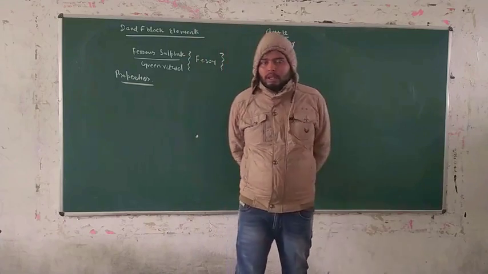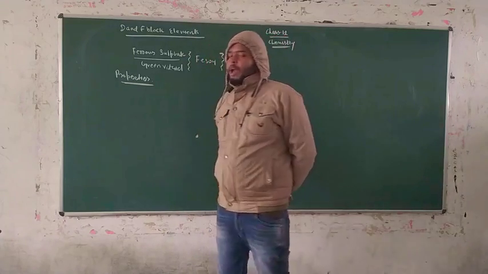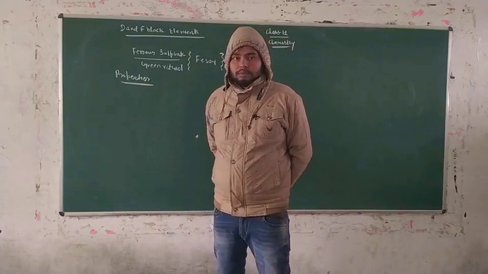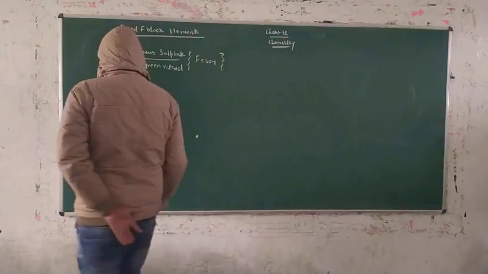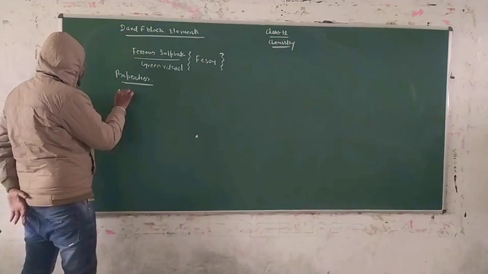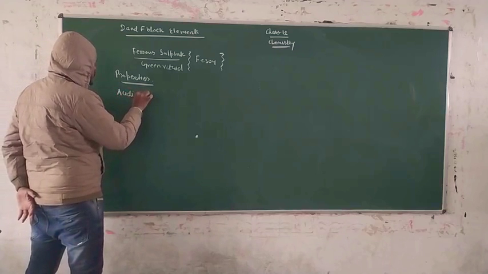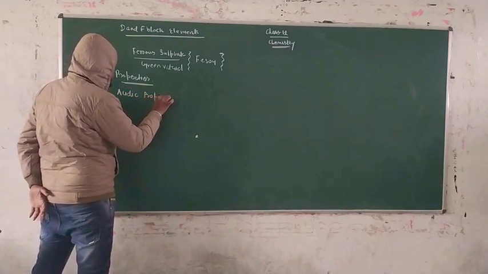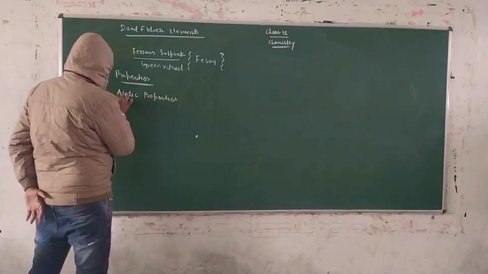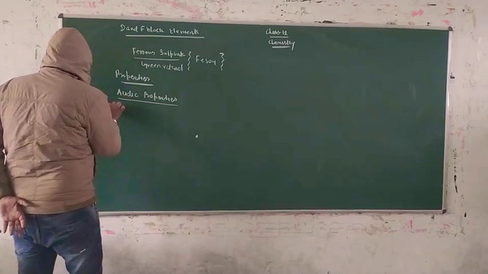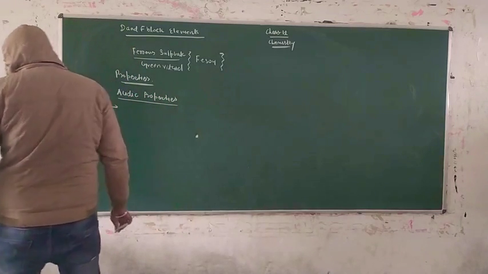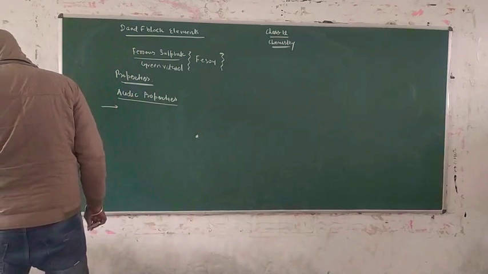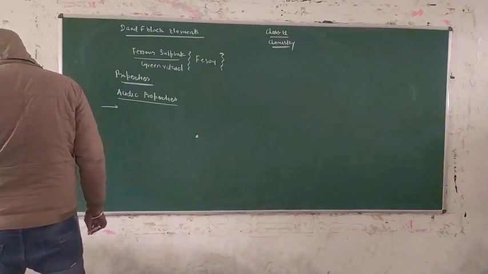In today's section of the video, we will discuss another one, the acidic property. That means, in terms of acidic properties, how can you explain the formation of this FeSO4?